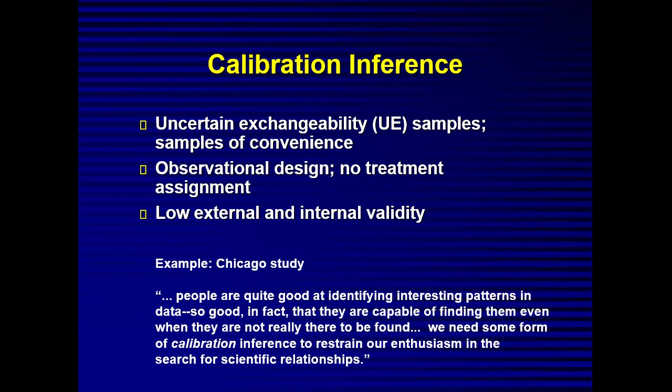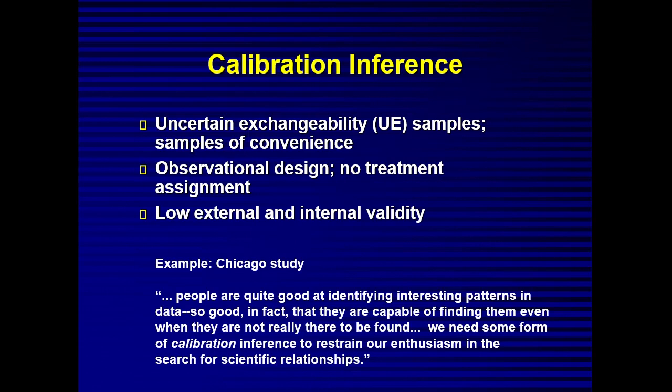So we know from my previous discussions of population inferences that if we're using this convenient sample, and now more specifically using this exchangeability idea, we're using a sample in which the individuals in the sample are unique with relation to our population of interest. That is, we can't just trade back and forth people in our sample with those in the population and expect that our sample is generally going to be about the same because we took a convenience sample. It has unique characteristics. So therefore, we're not going to be able to make those population inferences.